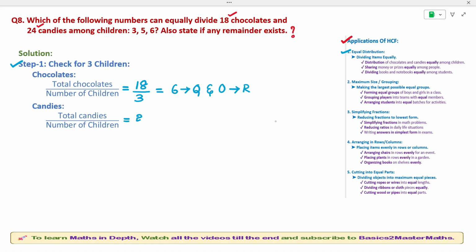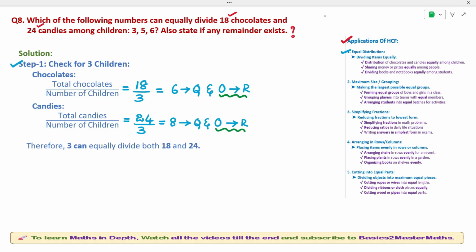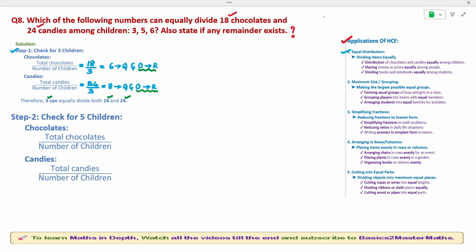That is 24 divided by 3 gives you 8 as the quotient and 0 as the remainder. Since the remainder is 0, 3 can equally divide both 18 and 24.